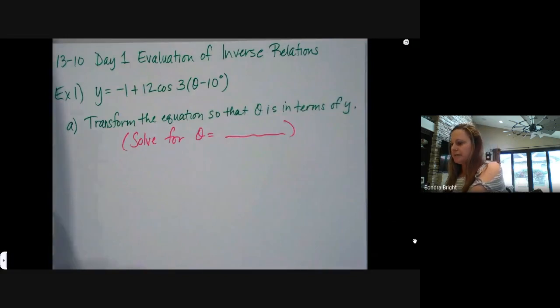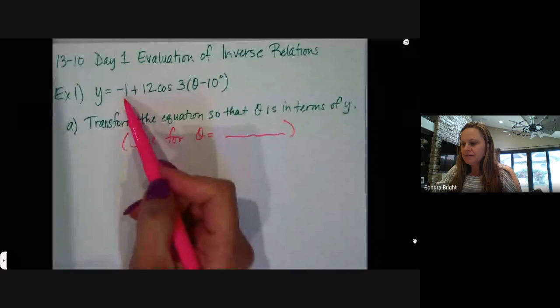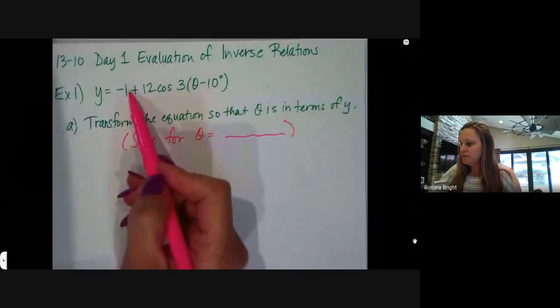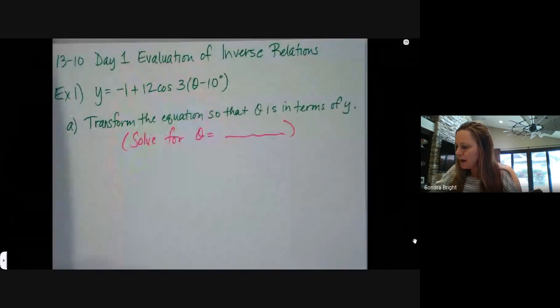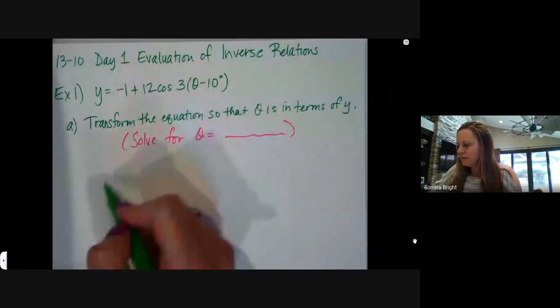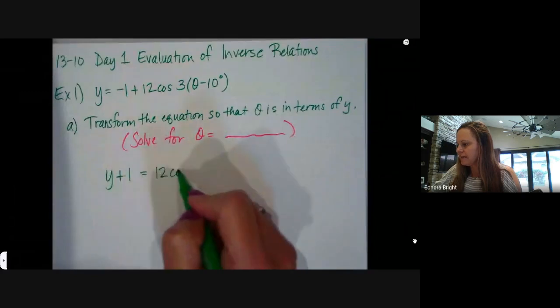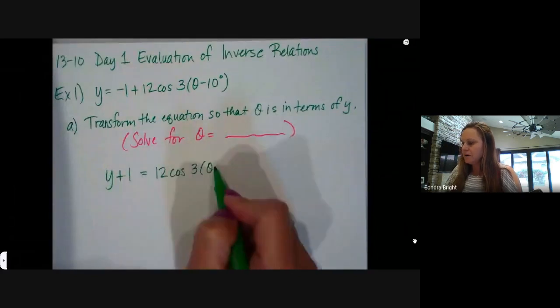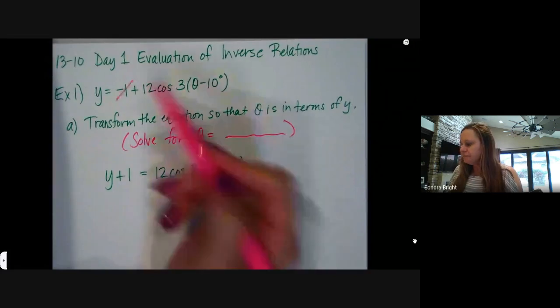The first thing you can do is add the constant over, add 1 to both sides of the equation. So I'll do that first, and I'll have y plus 1 is equal to 12 cosine of 3 times theta minus 10 degrees. I'm going to cross that out because I took care of that one. We're doing reverse order of operations here, right?